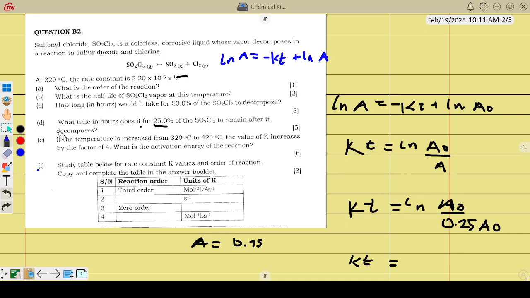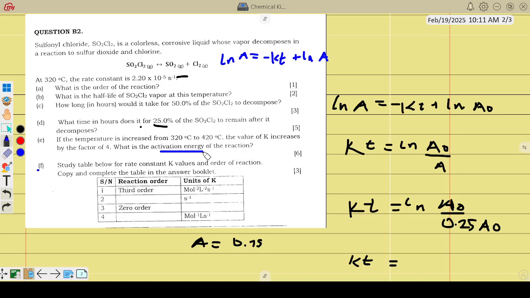And this question E, we're solving just like that. Question E: if the temperature is increased from 320 degrees to 420 degrees, the value of k increases by a factor of 4. What is the activation energy? So this was a fully loaded question, 6 marks. Activation energy is a focus for another day.